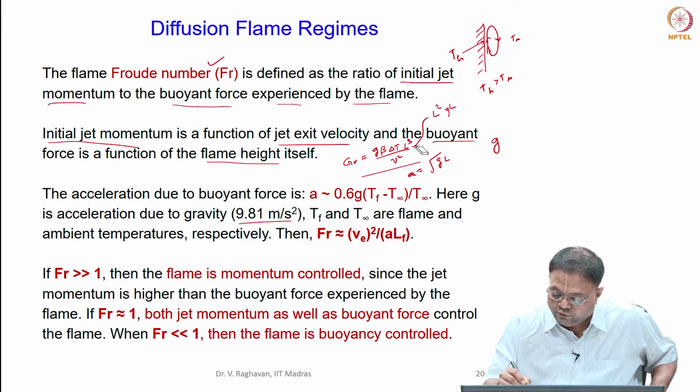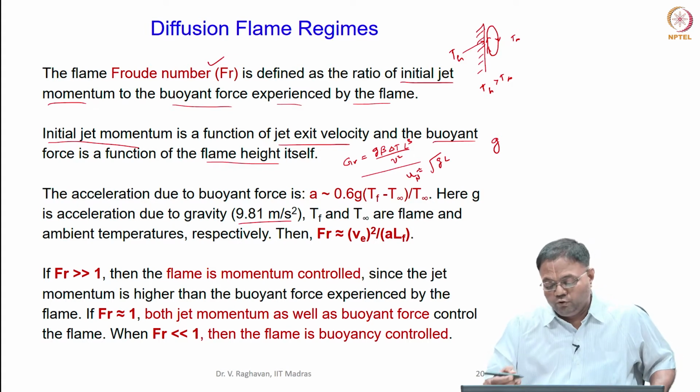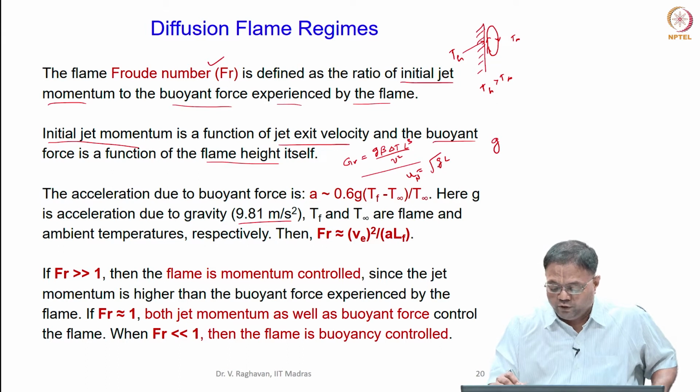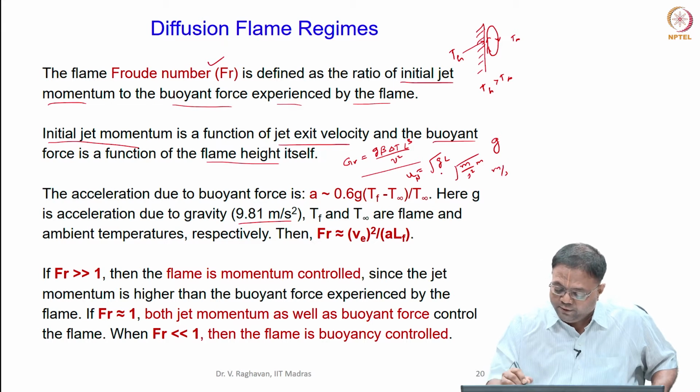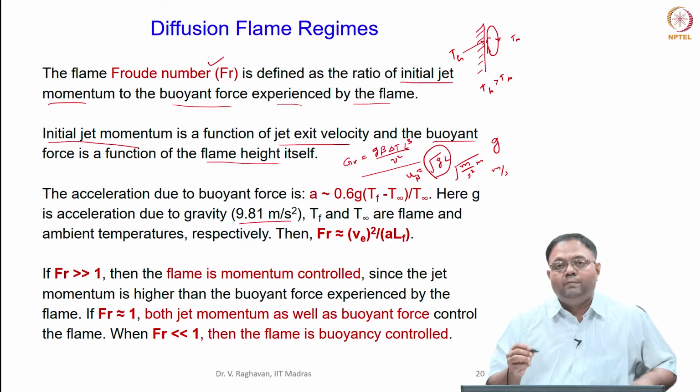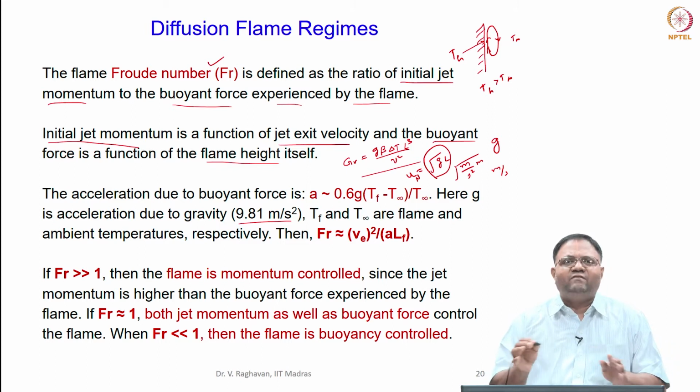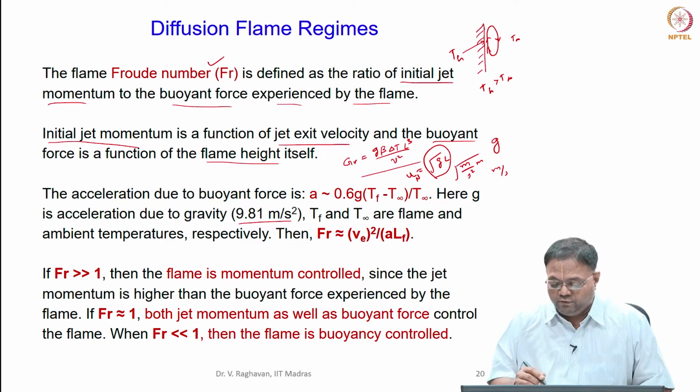So this root of gL will be the velocity term, the natural convective velocity, the velocity due to natural convection. You can see the units also: meter per second squared into meter, under root, so it will be meter per second. This is the velocity which is actually induced. So this root of gL will be the average magnitude of the natural convective velocity.